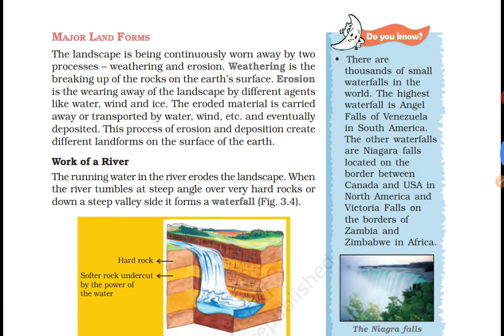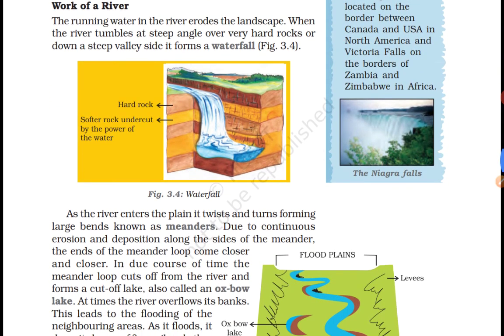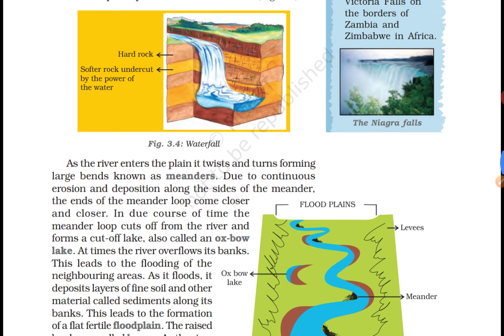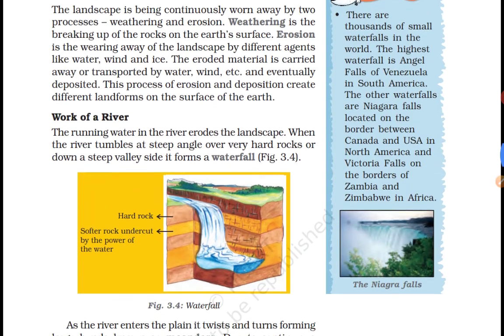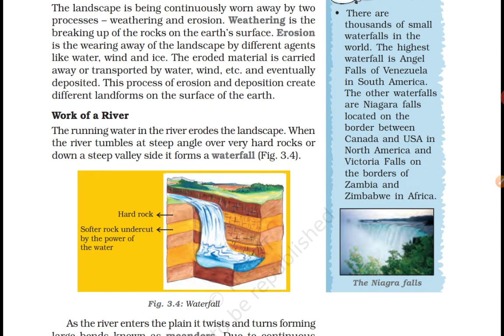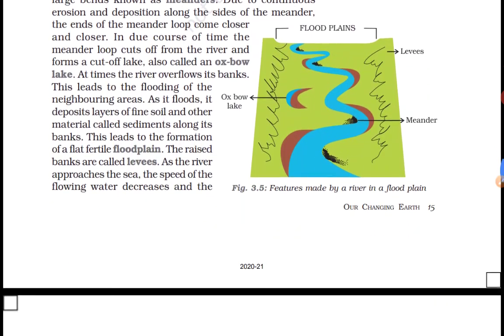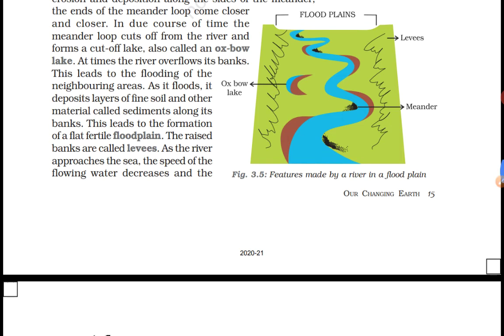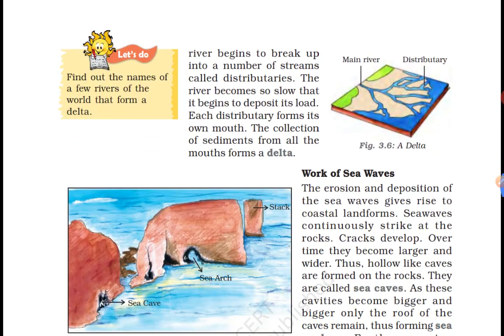Then in the previous video we discussed major landforms, work of river. This is a diagram telling us hard rock, soft rock made by waterfall. Then we saw some pictures of waterfalls like in Venezuela, Angel waterfall, then Niagara, Victoria, and this is the feature made by river in a floodplain: meander, levees, oxbow lake, and floodplains.